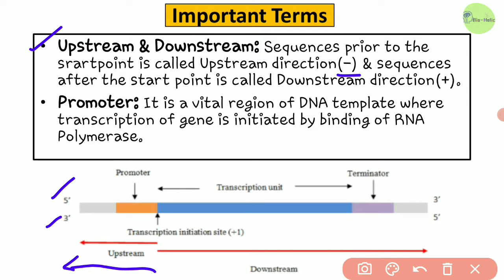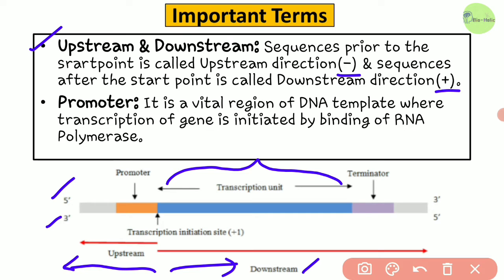And sequences after the start point, that means toward the 3' end of the coding strand, or I can say within the transcription sequence. If this is the transcription unit, then towards the transcription sequence it is called downstream, which is denoted by a plus sign.